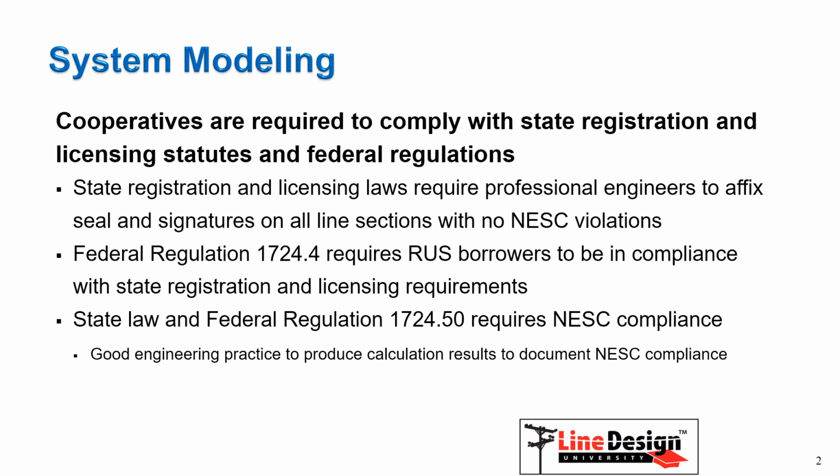Federal law supports this with Federal Regulation 1724.4, which states the RUS borrower shall ensure that all selected professional engineers meet the applicable registration and licensing requirements of the states in which the facilities will be located.